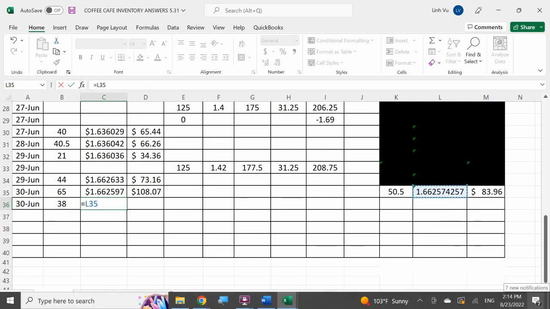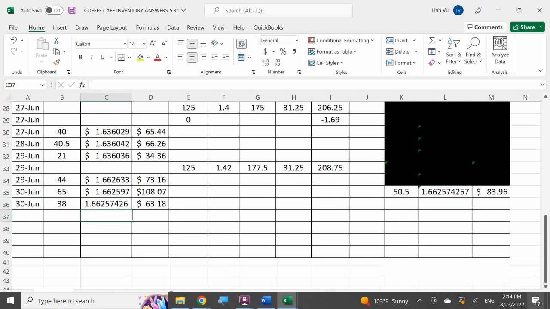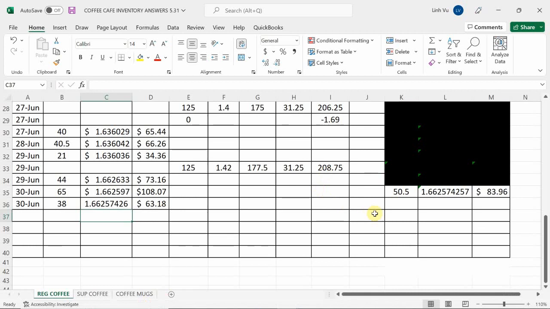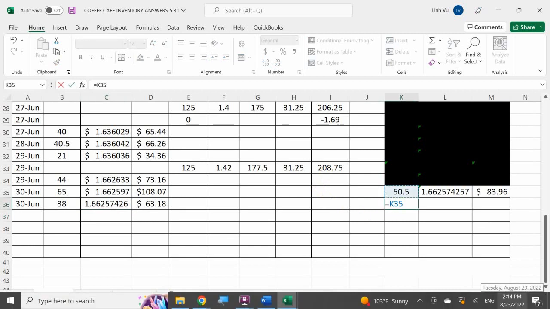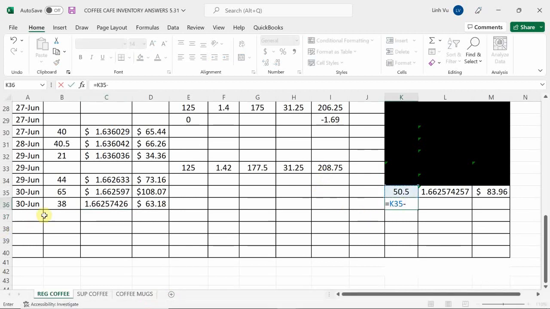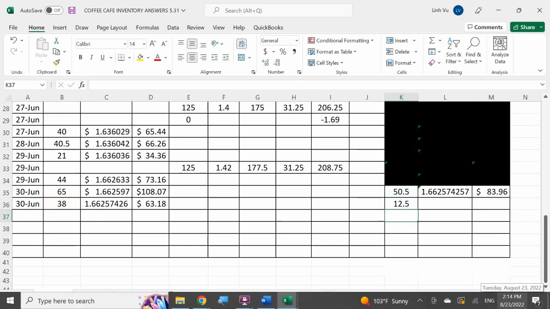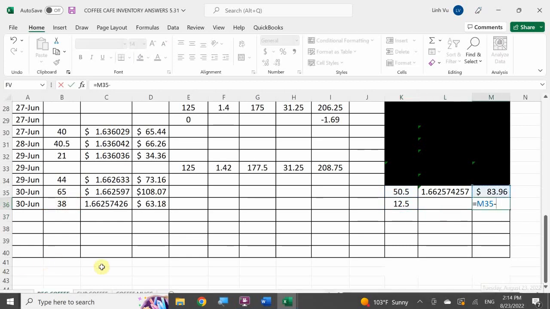What's my grand total cost of goods sold for using 38 pounds? I have $63.18. Got 63.18. Subtract that out. And then we have 12 and a half for $20.78.